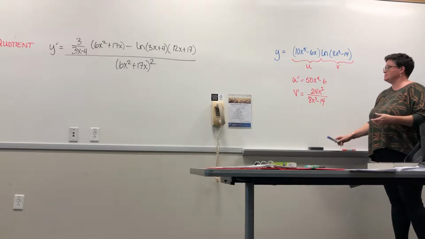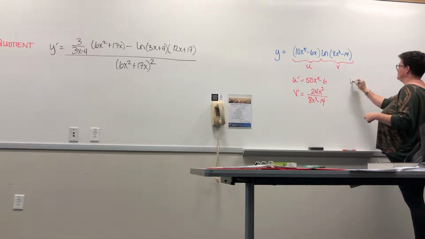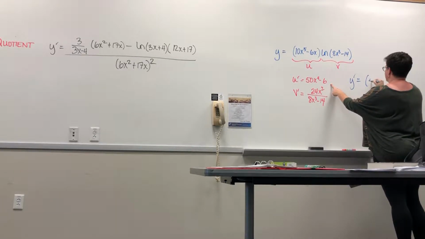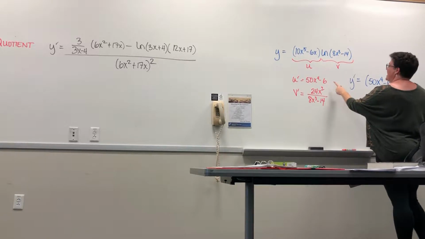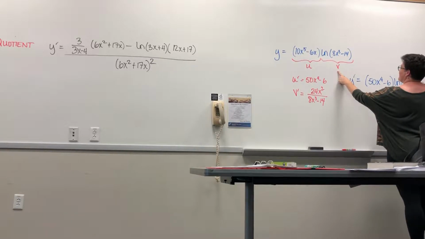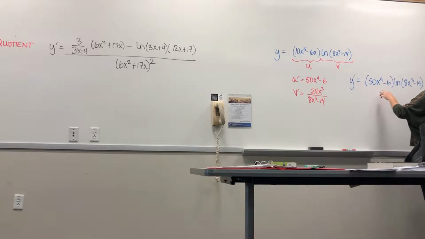Okay, so now we just pull it all together. Y prime becomes U prime. Let's see if I can do this without screwing it up. You can screw up, we'll fix it. Yeah, I know you will. I have complete confidence in this class. You guys are awesome. You scored 10 points higher on average on the test than the other class did.